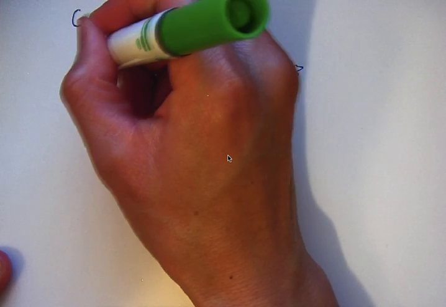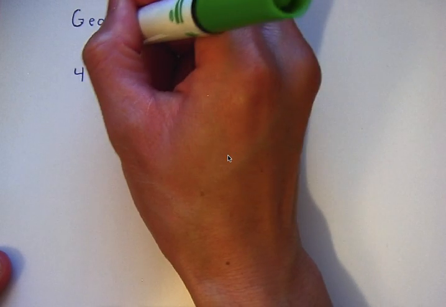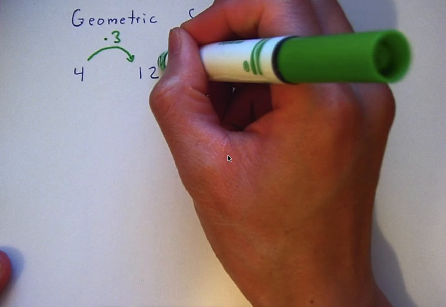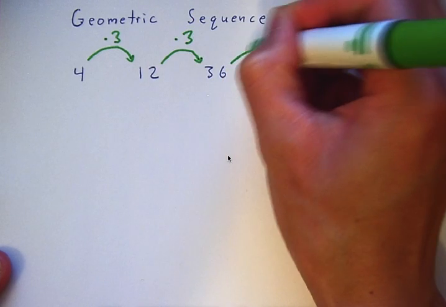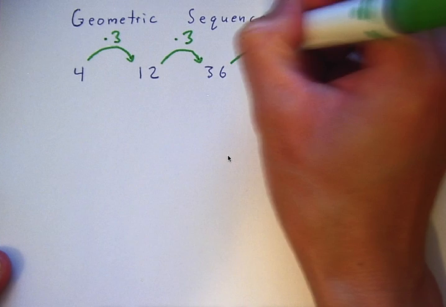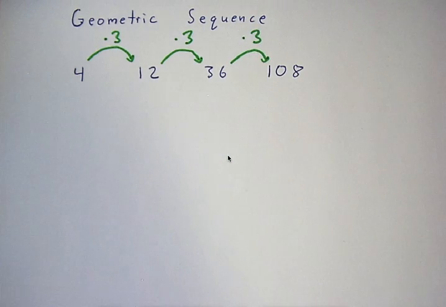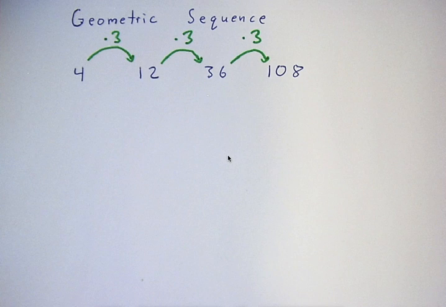So from here to here, that was times 3. To go from 12 to 36, also times 3. Because to go to each subsequent number, it's multiplied by the same thing each time, this is a geometric sequence.